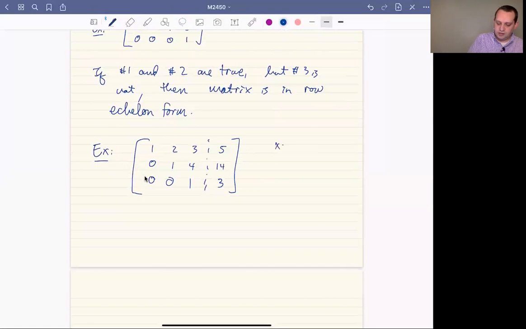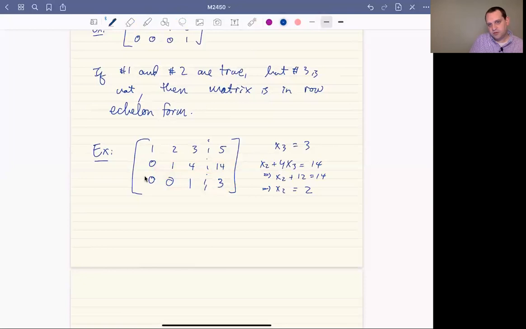You know that x3 is going to be 3. You get that from the bottom equation. The second equation tells you that x2 plus 4x3 is 14. In other words, x2 plus 12 is 14, so x2 is 2.